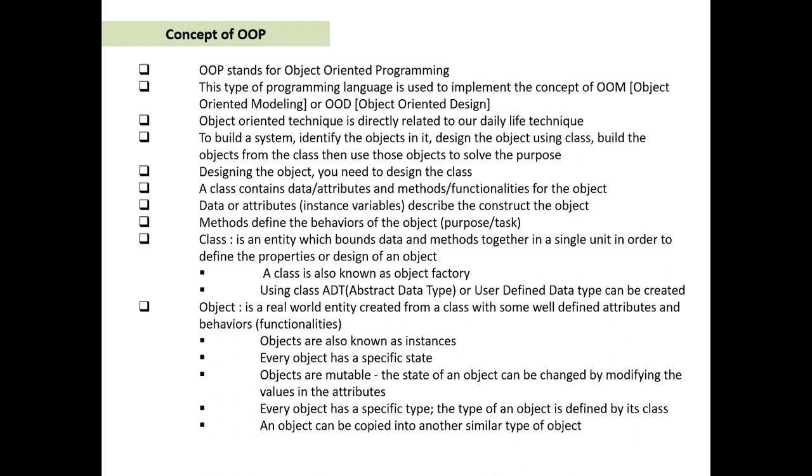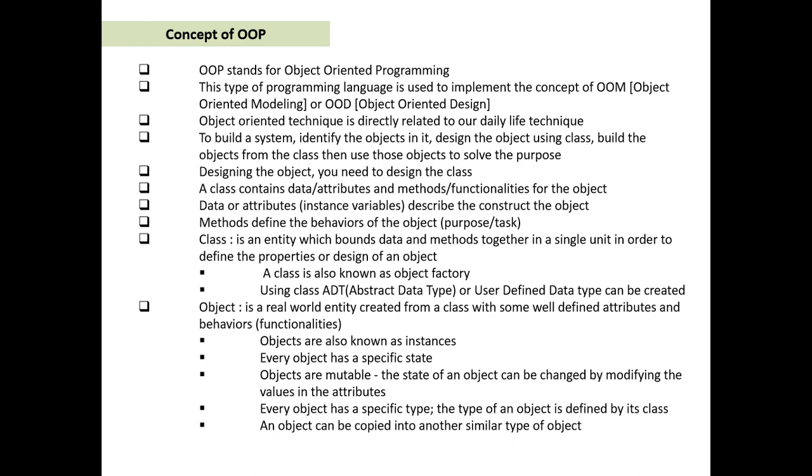So there are several advantages why we should use object-oriented programming. What are the other types of programming patterns? I already mentioned unstructured programming, and then structured programming came. One type of programming language is function oriented or procedure oriented programming language, whatever term you use.